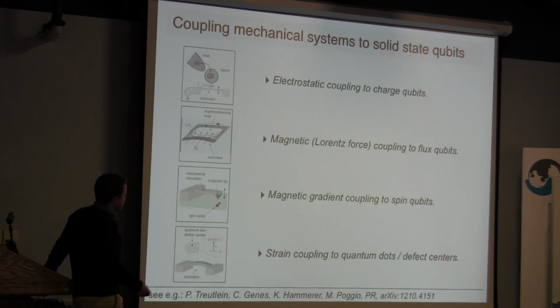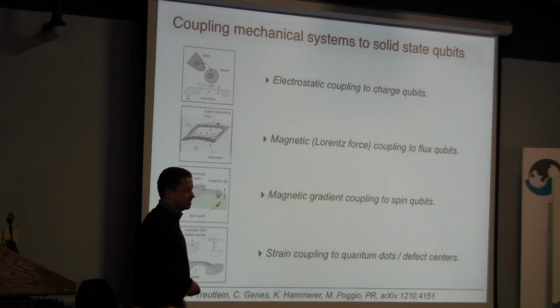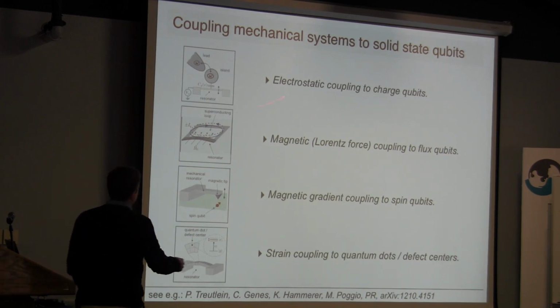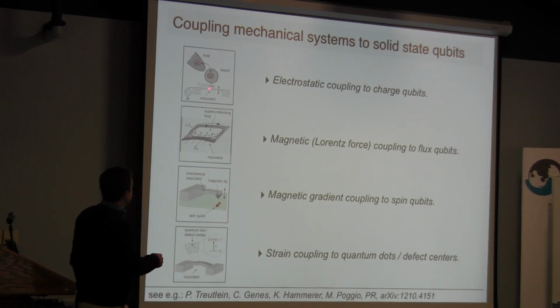The first question is, is this at all possible? Are there potential candidates? If you look at the literature, there have actually been a lot of ideas on this topic. Starting with the early ideas to couple a Cooper pair box to a mechanical system, where you simply use the fact that the electrostatic energy is modulated by a vibrating capacitance.